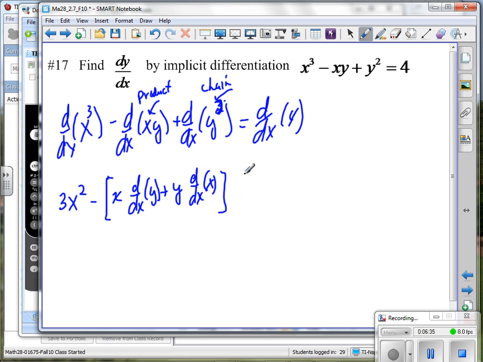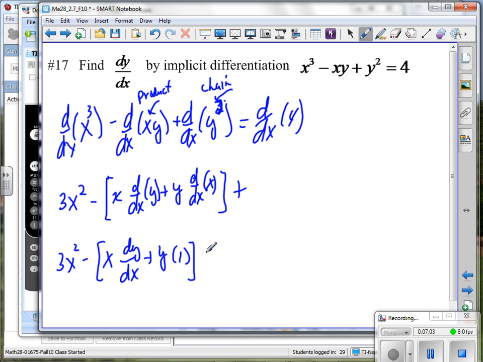Let's just stop right there. We're not done at this point, but we're going to stop with writing at this. Let's see, this is 3x squared. This is x. What is the derivative of y with respect to x? dy dx, okay. Plus y times, what's the derivative of x with respect to itself? 1. I'll put a 1 there for those who need it.